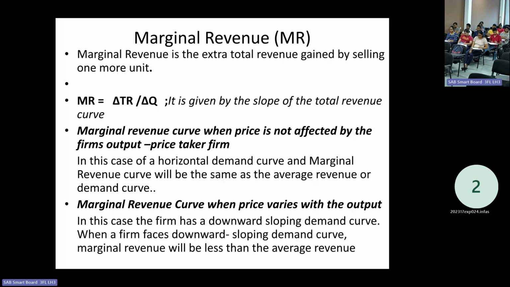Now we know the linear total revenue curve and the non-linear total revenue curve in two different marks. For the linear total revenue curve, if you measure the slope, what is it? Linear price into quantity equals a linear curve.